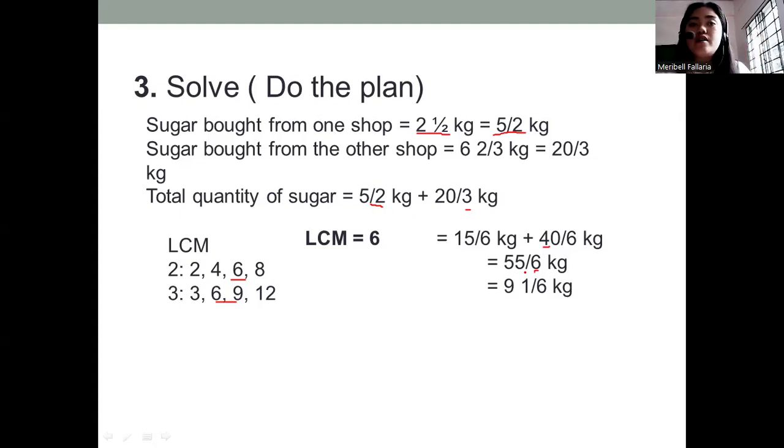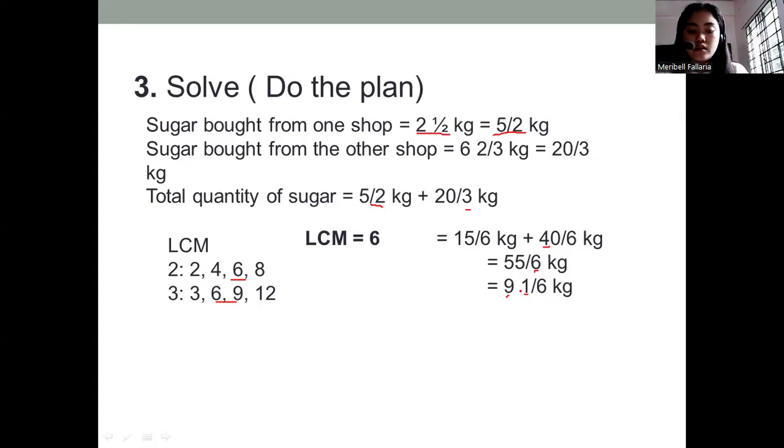That's why we have remainder 1 here in the numerator. And then 9 is the whole number, and then 6 is the denominator. Once again, that is how to convert this improper fraction to a mixed number.